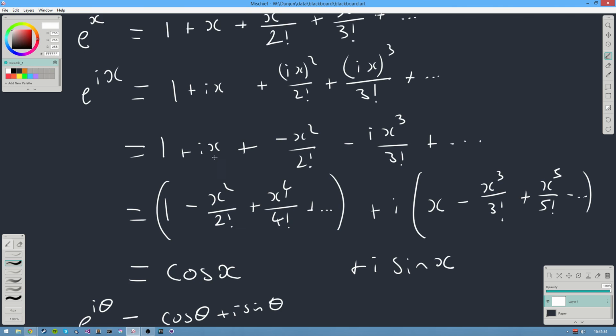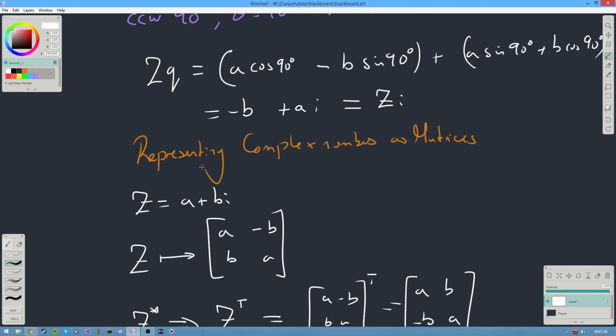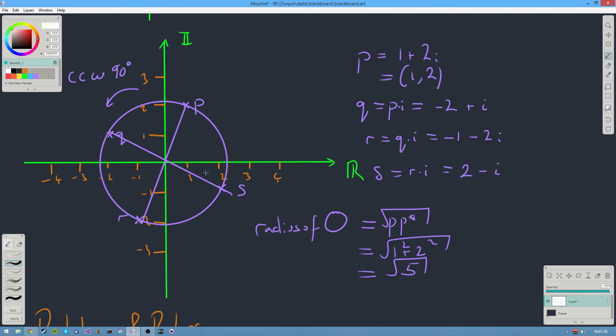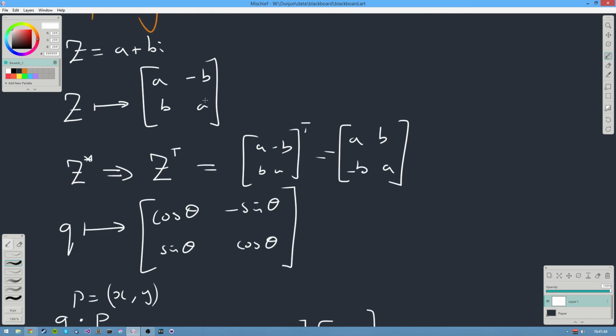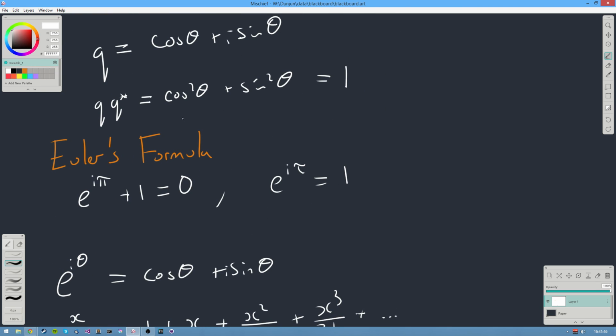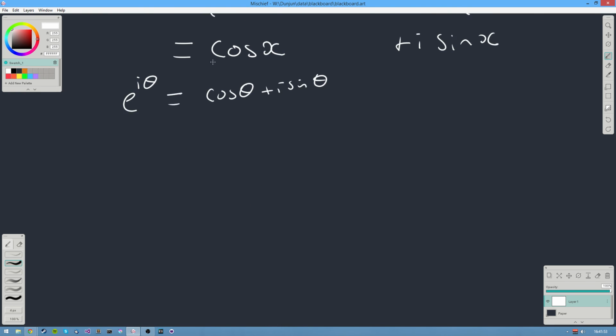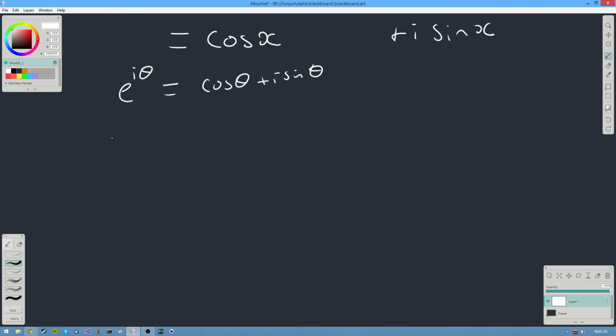And again, going back to that graph up here, we've got a massive circle, and we said this radius was root 5. But as we explained here, cosine theta plus i sine theta has a length of 1. So to represent any number as an exponential, z could be expressed as r, where r is the length, times e to the i theta.